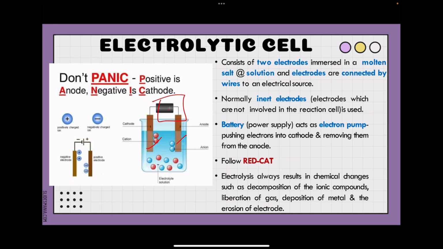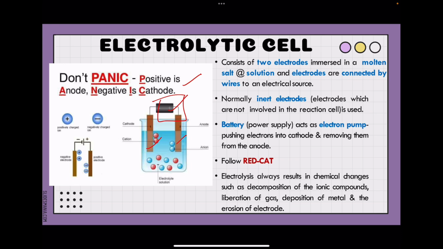The battery acts like an electron pump, supplying electrons to the cathode and removing them from the anode. Remember the rule: red cat, reduction happens at the cathode, similar to the galvanic cell.